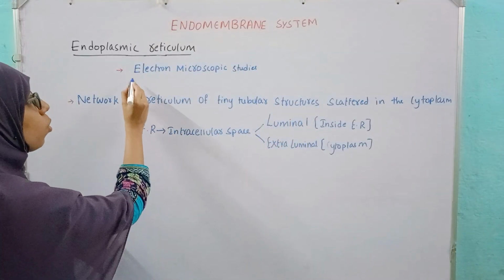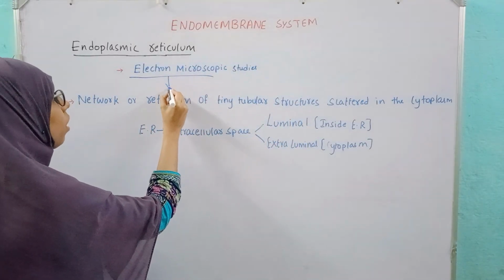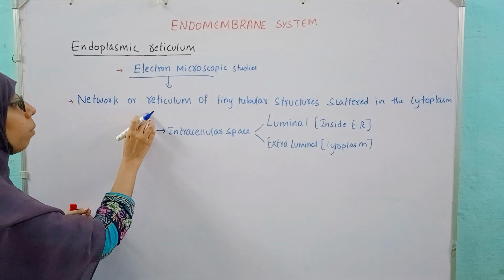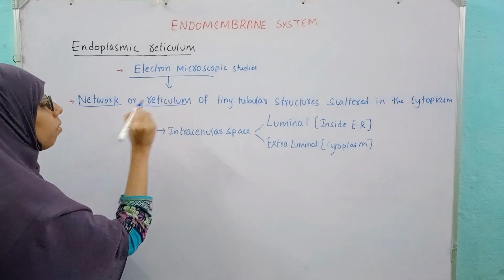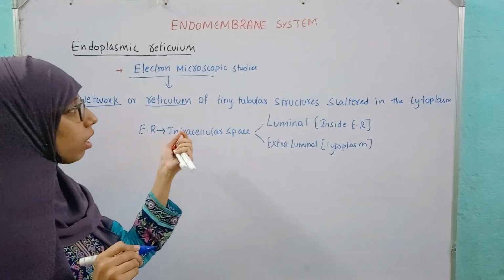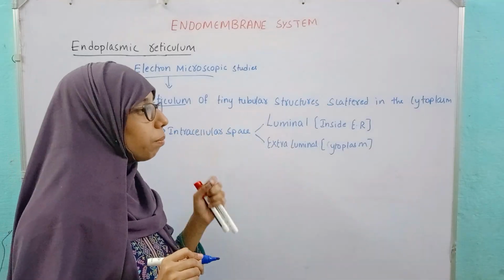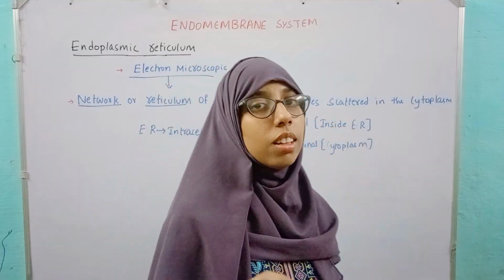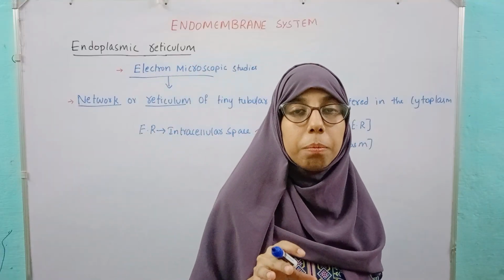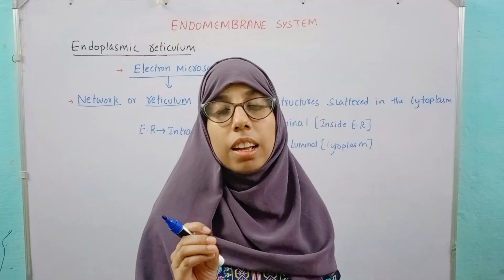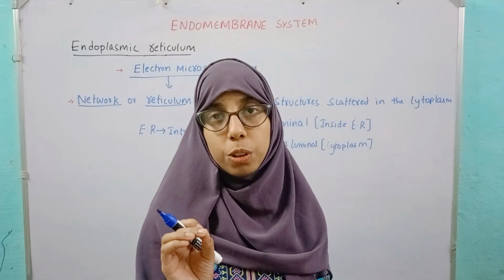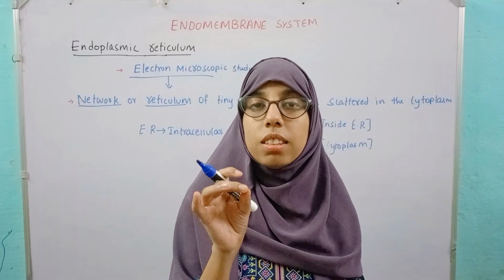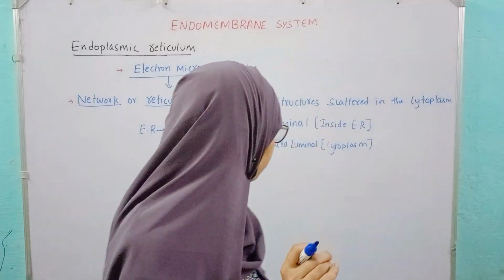Electron microscopic studies of the cell revealed that it consists of a network, or reticulum, of tiny tubular structures scattered in the cytoplasm. This network is called the endoplasmic reticulum.